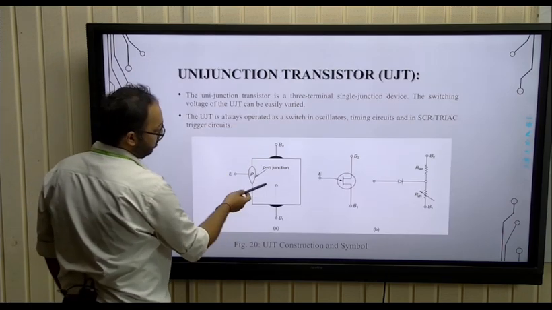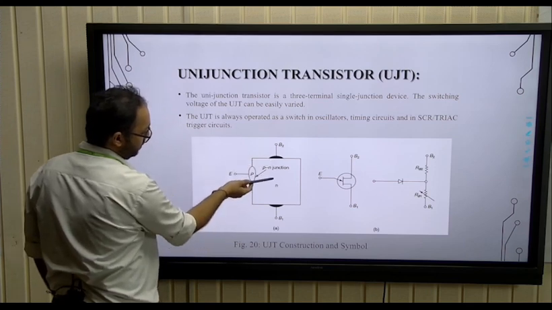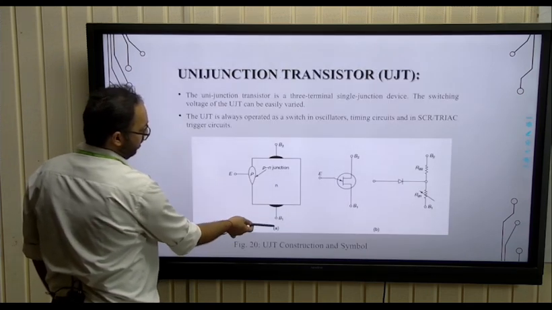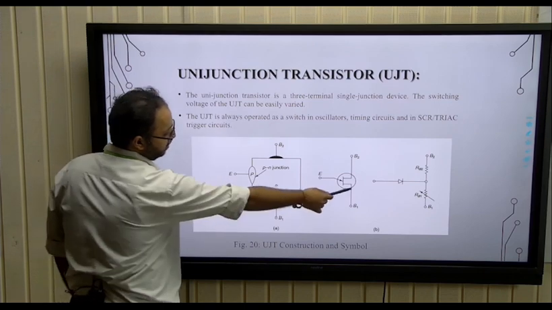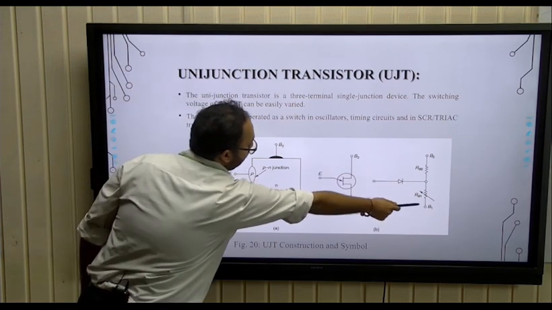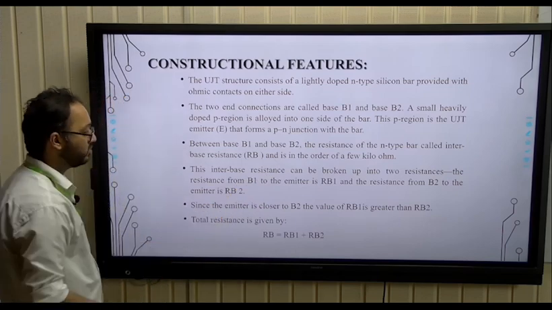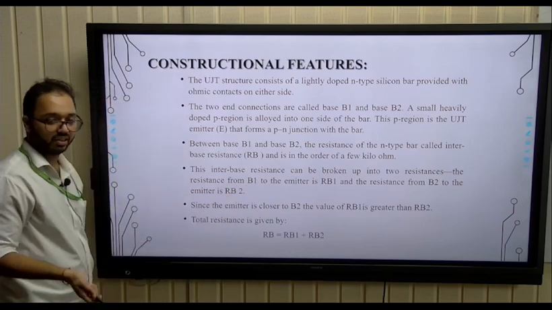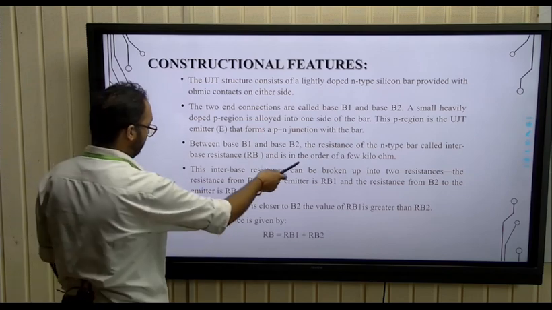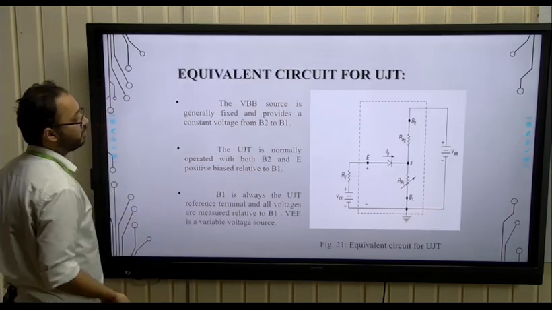This is where we are talking about B2 to this emitter junction and B1 to this emitter junction, that is already given here, RB2 and RB1. Since the emitter is closer to B2, RB1 is greater than RB2, and total resistance is given by RB1 plus RB2.